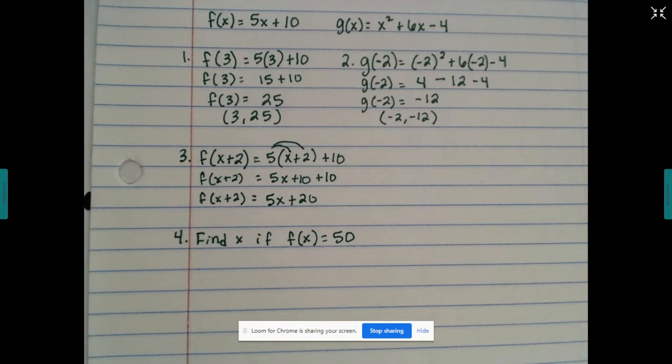No, you wouldn't write a coordinate with it since they both still have x's in them. Yeah, so you just leave it in that form.